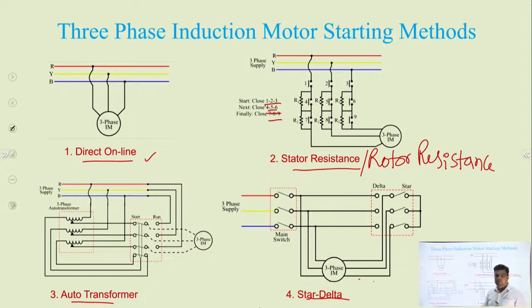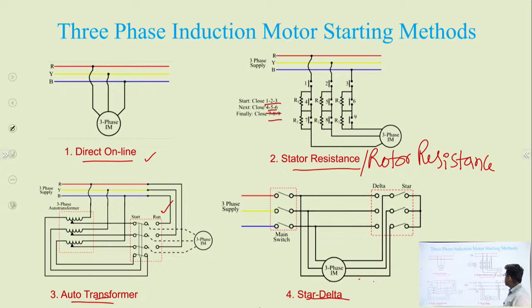Then in the case of the auto transformer, we use an auto transformer for starting the induction motor. With the help of the auto transformer, the voltage is controlled. As the induction motor reaches around 70% of running speed, the auto transformer is cut out from the circuit, and we can reduce the large amount of current.